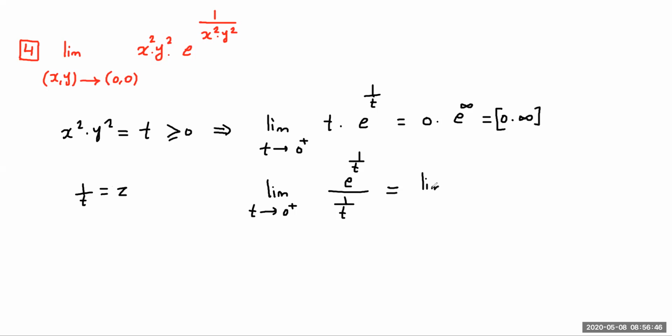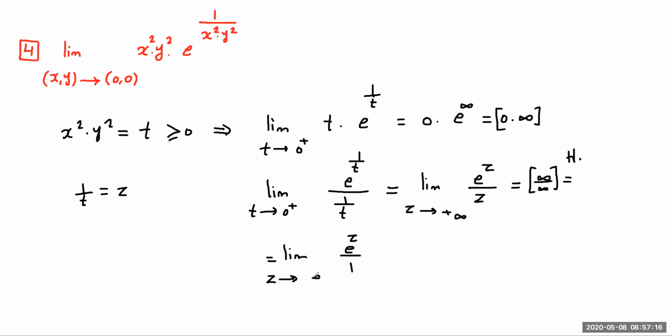So it's the limit of e^z over z when z approaches plus infinity, because when t approaches 0 positive, 1 over t approaches infinity. So here it's infinity over infinity. Now we can use the L'Hopital rule. So it's the limit of the derivative of e^z, it's e^z, over the derivative of z, 1, when z approaches infinity. So the final answer is infinity.